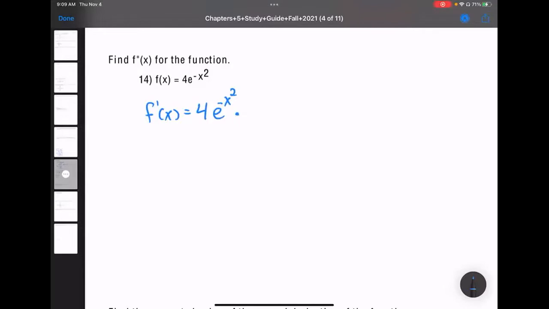So the derivative of -x squared is -2x. And we can simplify this to become -8x e to the -x squared.